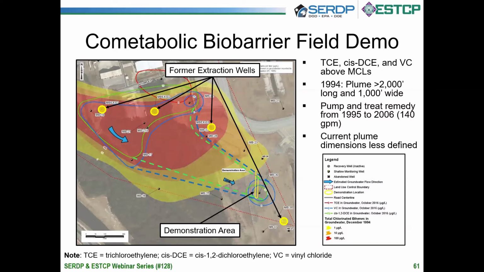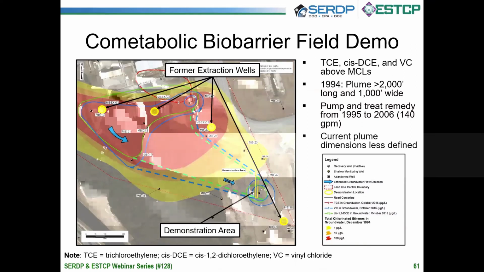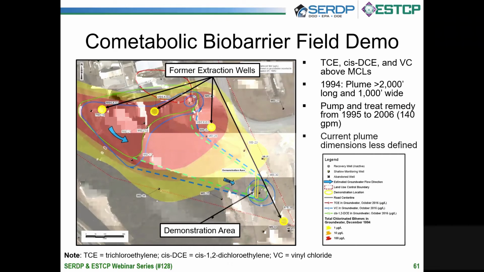And then they hit asymptotic levels for treatment in the plume, and they shut down the pump and treat system and moved on to an MNA remedy that was approved by the regulators. Now, 15 years later, we still have concentrations throughout the plume for cis-DCE and vinyl chloride, and in some spots TCE, above the MCLs. But the MNA is at this point showing that the plume is not expanding.